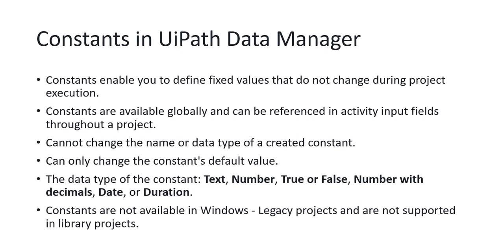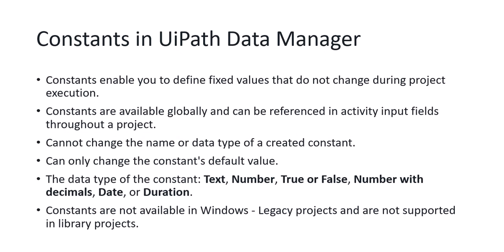Here, only limited data types are supported for the constant type of variable, which is text, number, true and false means boolean, number with decimals means decimal data type, date data type, and duration data type. So only this limited number of data types is supported for constants for now.